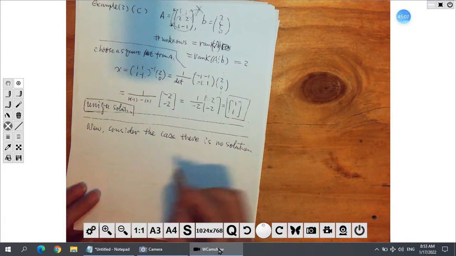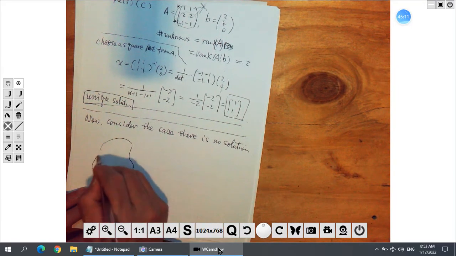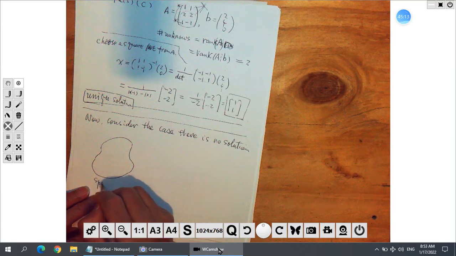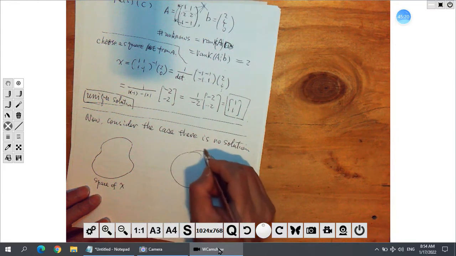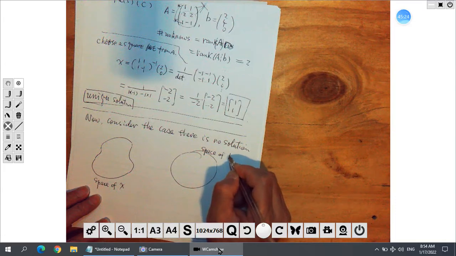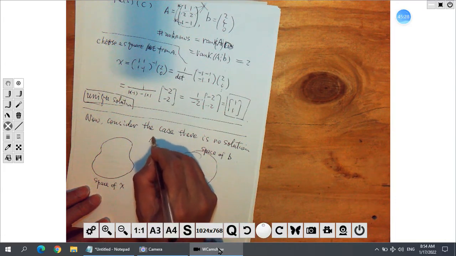The thing is like this. Suppose this is the space of X, and this is the space of B, and we multiply A on X, right?